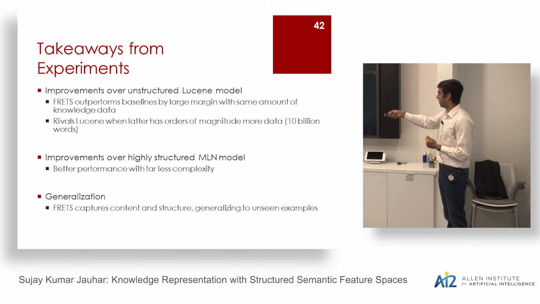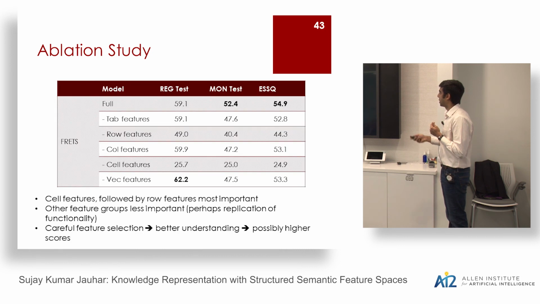All right, so I think I can skip this slide. The takeaways from the experiments: improvements over unstructured and structured models, and generalization, which we've talked about at length. In a quick ablation study, removing each set of features normally results in a drop in performance, surprisingly not in one case on the regions test set.